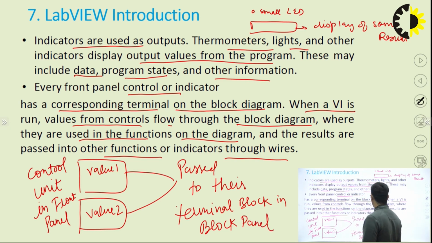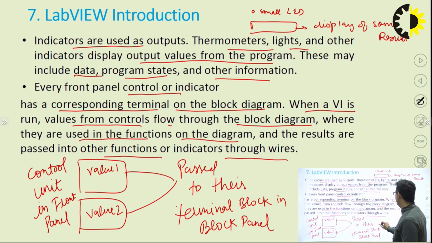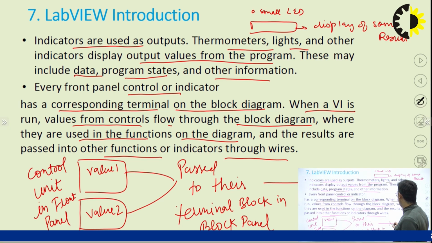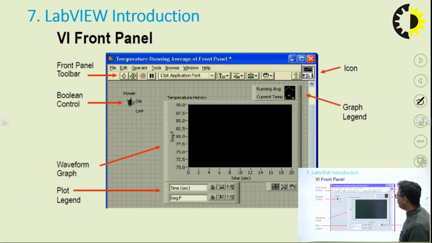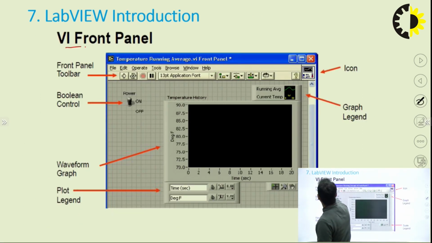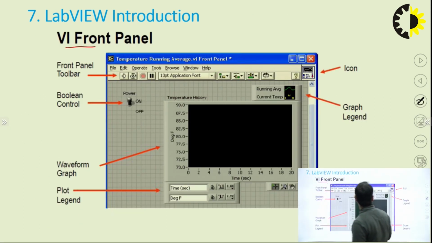Okay, and on this data processing is done, whatever operator we have applied, like addition, and through wires the result of that addition is passed to the indicator. So this is an example of a front panel.